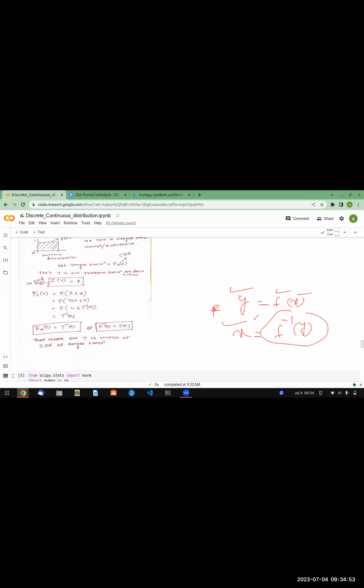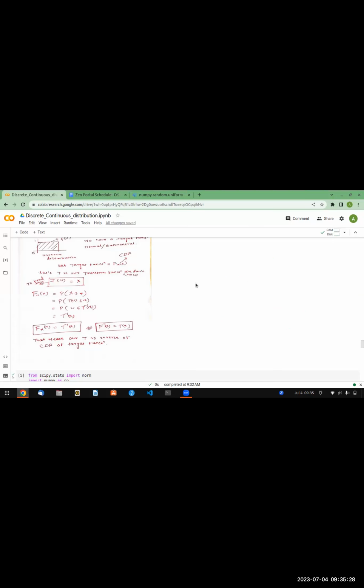Inverse means doing the same thing in the reverse direction. Like in a matrix, we take 1, 2, 3 and inverse it to 3, 2, 1. So if y equals a function of x, then x equals the inverse function of y. This is called inverse. So we are taking the inverse of the CDF function of the normal distribution. You need not worry about the mathematics.